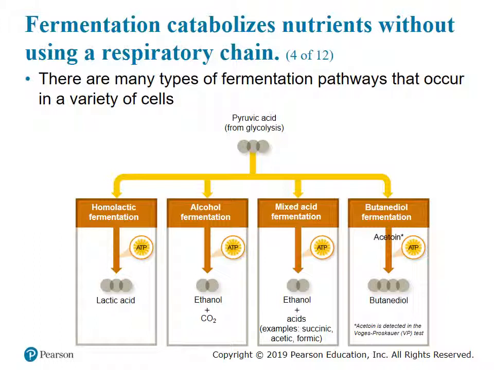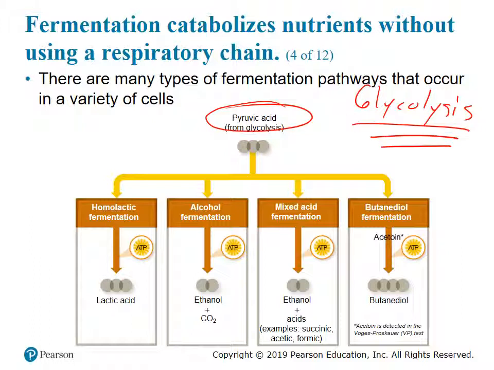So here's what we see. Here's pyruvic acid. Okay? So again, the process of fermentation produces side products, one of them being pyruvic acid. That's its main goal, to keep glycolysis moving.